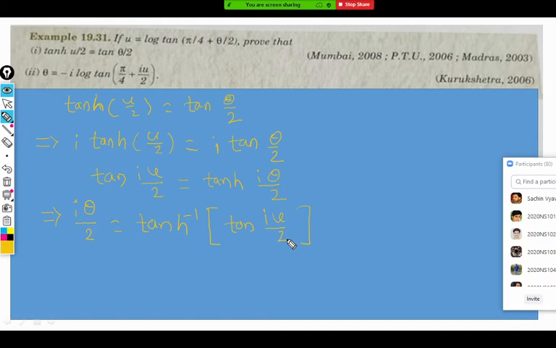Can anyone tell me what is the definition for tanh inverse x? One by two log of one plus x by one minus x. Okay, very good.